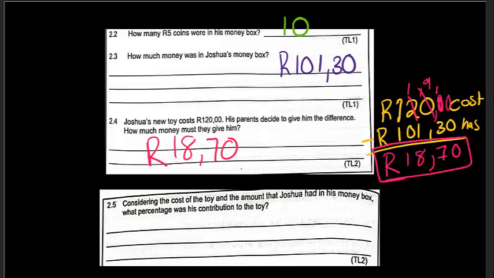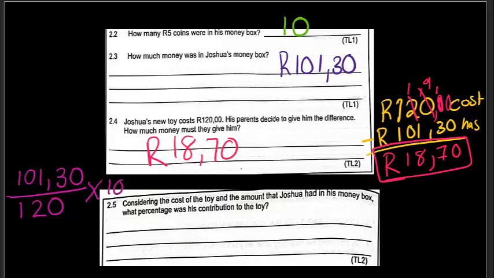He has 101.30. What is the total? The total is 120. 101.30 divided by 120. And that answer we are going to multiply by 100 in order to make it a percentage. If you just do the fraction, your answer is going to be a decimal. So for this, we are going to use our calculator.